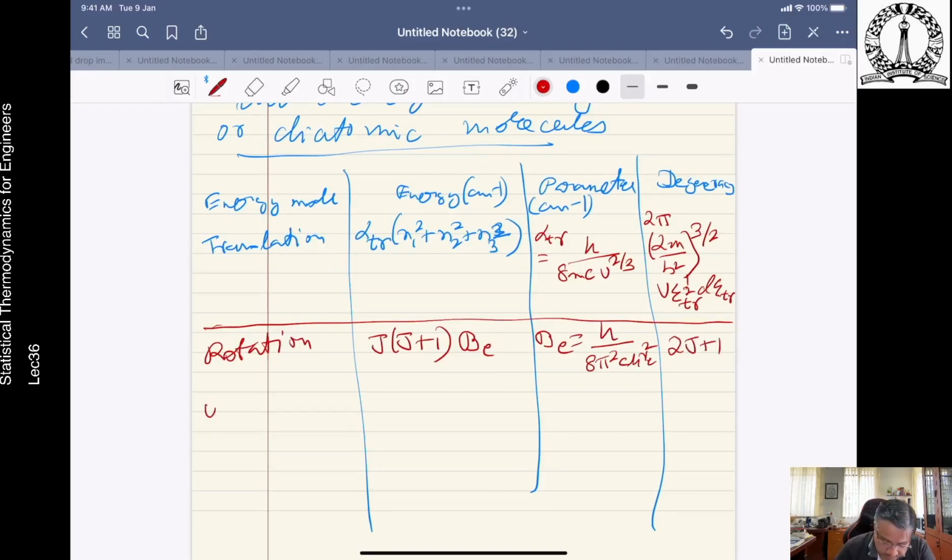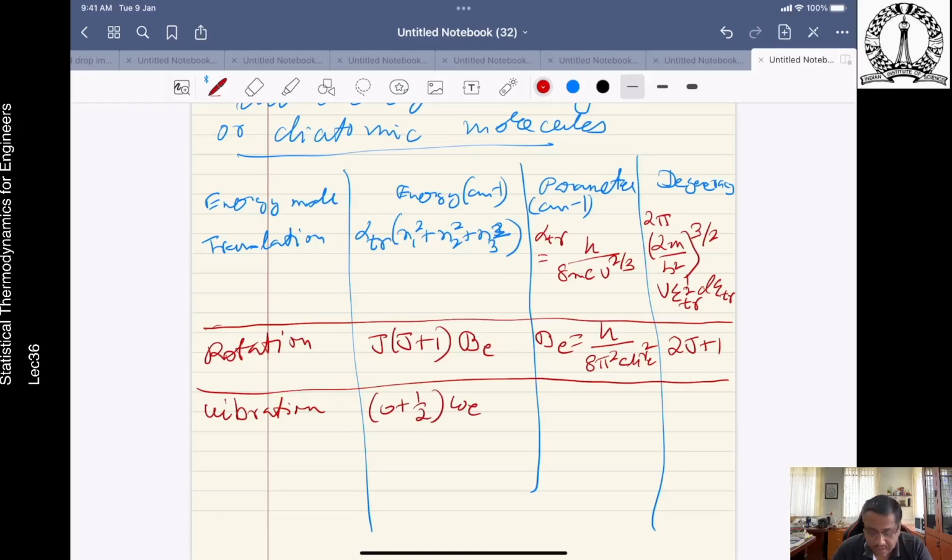Then of course comes vibration. Vibration is v plus half times omega E, and omega E is given as 1 over 2 pi c root over k naught by mu, and the degeneracy was 1. Then you have electronic for atoms.